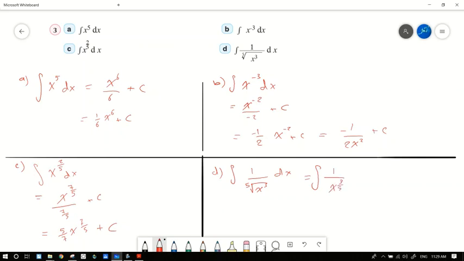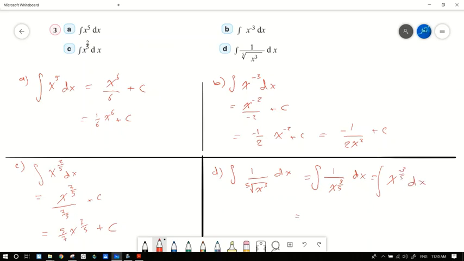As you learned in previous years, when I want to write it in the form of an exponent, it can be written as x power 3 divided by the degree of the root, which is 5. So it will be x power 3 over 5 dx, and also can be written as integration x power negative 3 over 5 dx.